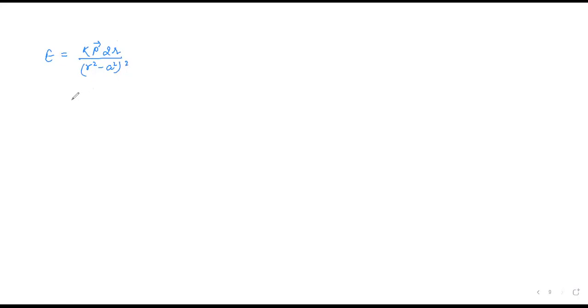Now, once again, we are going to remind you of the conditions of a dipole. What are the conditions of a dipole? Both charges should be of equal magnitude.